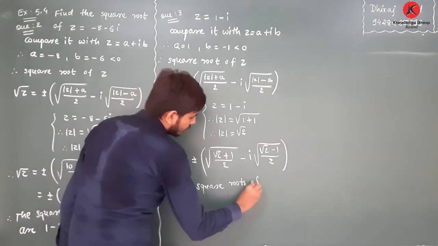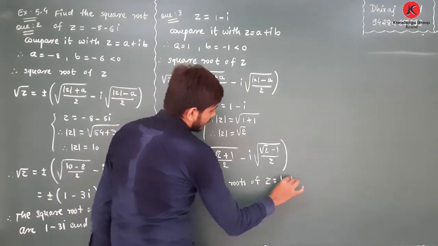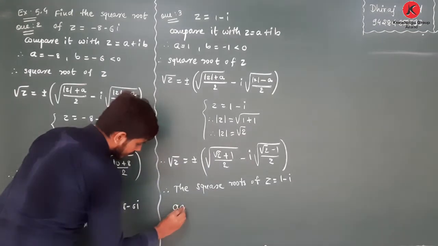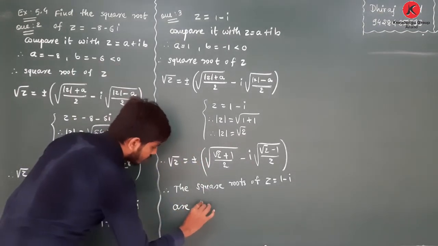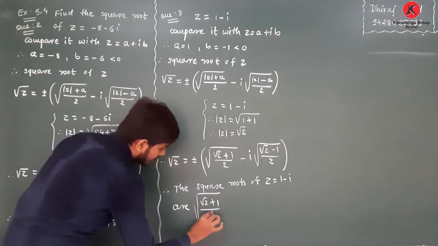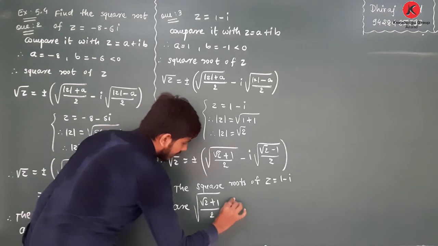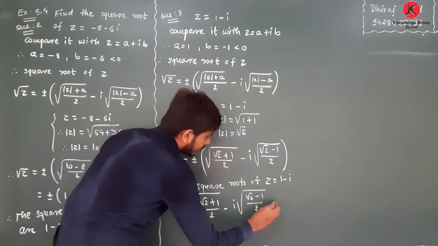roots of z equals 1 minus i are: take the first square root with plus, plus under root of root 2 plus 1 by 2, minus i under root of root 2 minus 1 by 2.